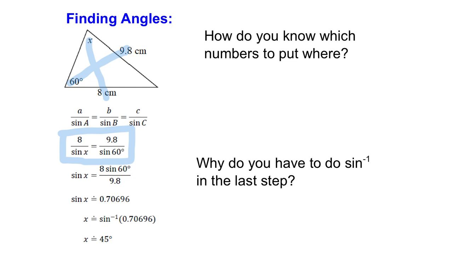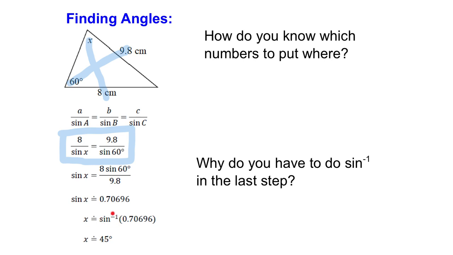And cross multiply. Sine x is the thing that I don't know, so I will multiply 8 and sine 60 and divide by 9.8. Do that in my calculator, I get this. Now here's where it's different than the last example. Because we're trying to find the angle, I have to do this next step, the inverse sine.